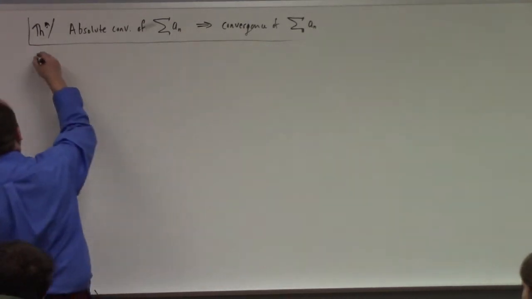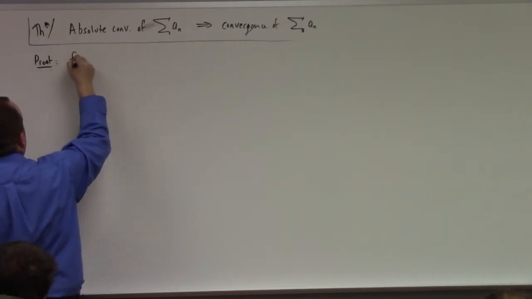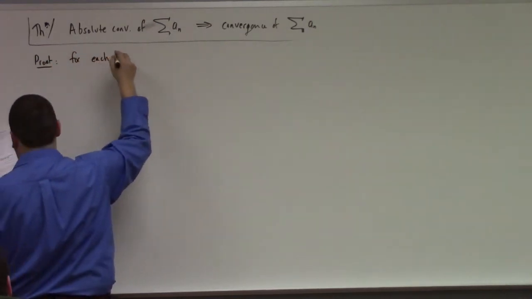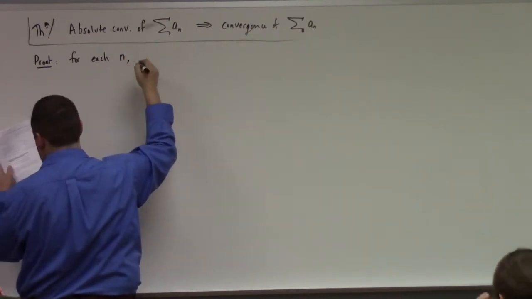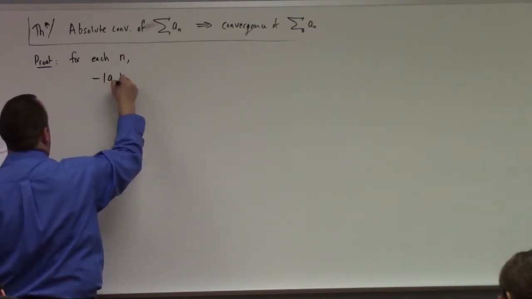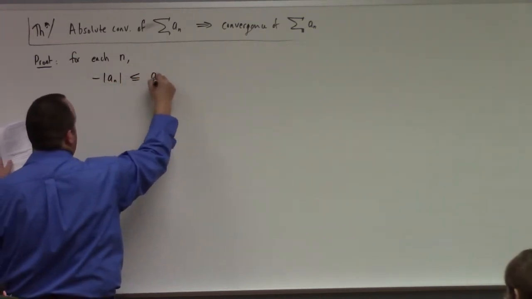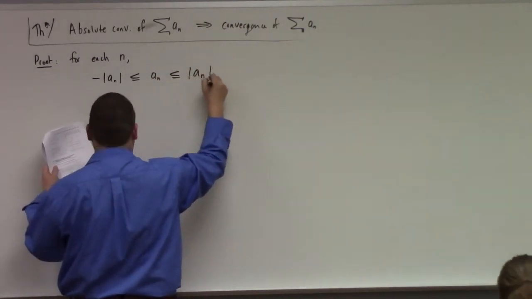Okay. So the proof here, for each n, we have minus the absolute value of a sub n is less than or equal to a sub n is less than or equal to the absolute value of a sub n.